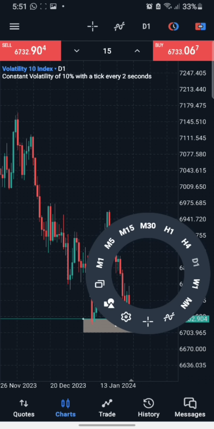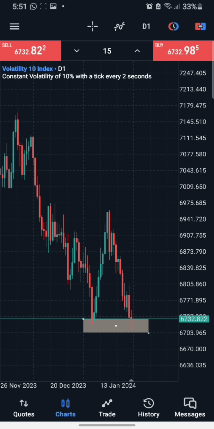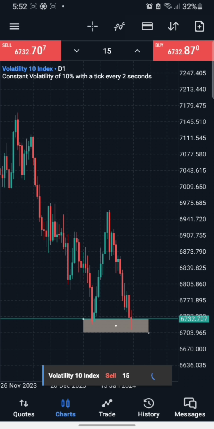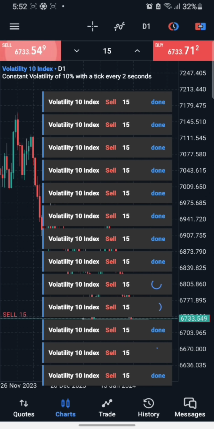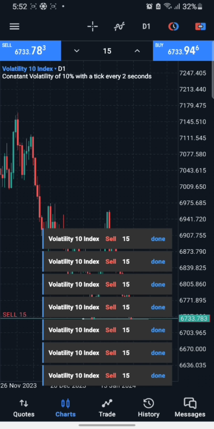The first thing that I've considered here is that the market has what is known as two bottoms, and on the other side there was sort of a shooting star at the second bottom. A shooting star is a candlestick pattern that is formed when the market is trying to reverse.